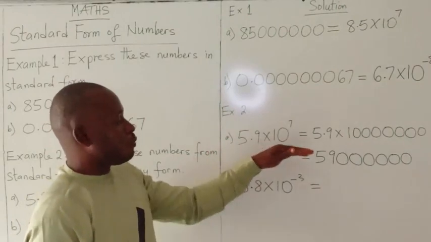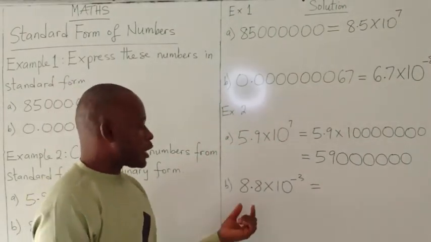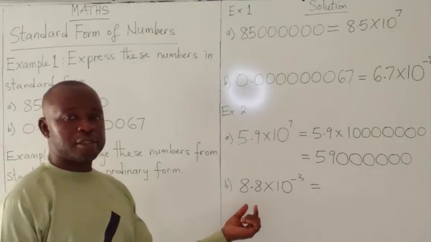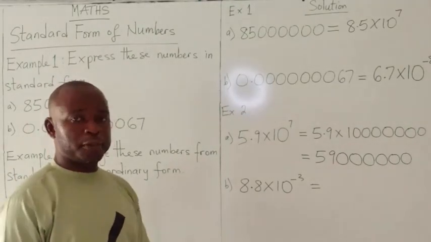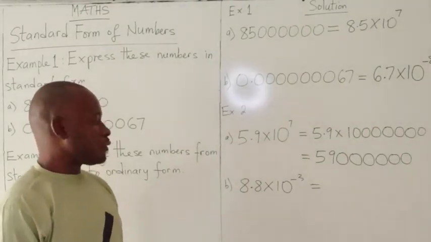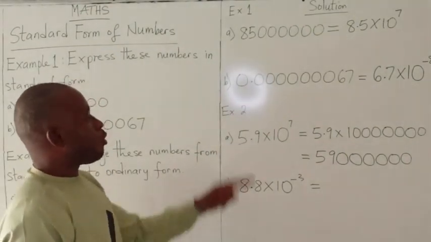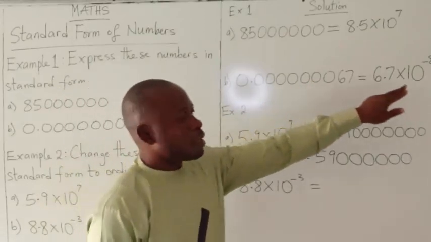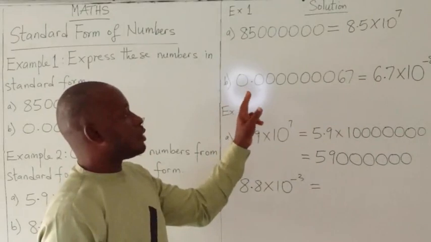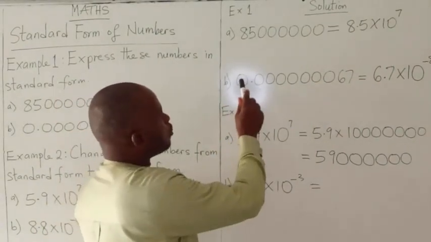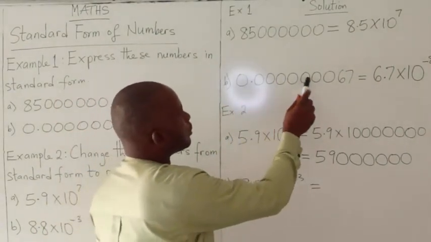If it is a positive power, that is what we do. Then the next problem we have is a number that is less than 1. 8.8 times 10 raised to the power minus 3. How do we work on that? Do you remember how we worked on this? I told you that when you have a problem like this, you can simply count the number of zeros. 1, 2, 3, 4, 5, 6, 7, 8.